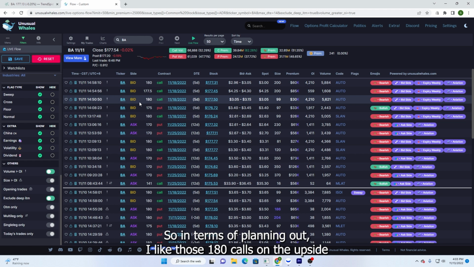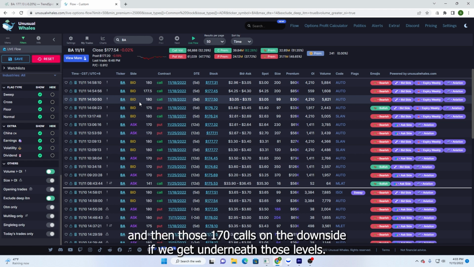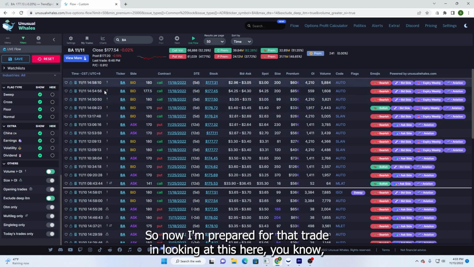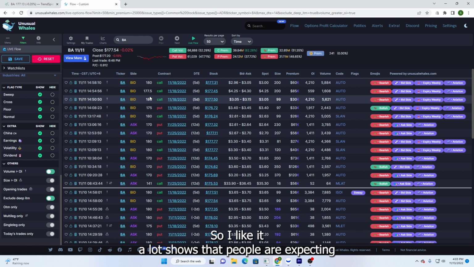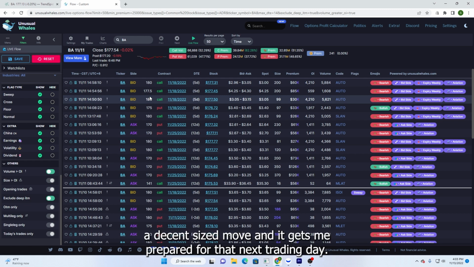So in terms of planning out, I like those 180 calls on the upside and then those 170 calls on the downside if we get underneath those levels. So now I'm prepared for that trade. Looking at this, a little bit bearish, but we are getting some heavy smacks on those 180 calls. So I like it a lot. Shows that people are expecting a decent size move, and it gets me prepared for that next trading day.